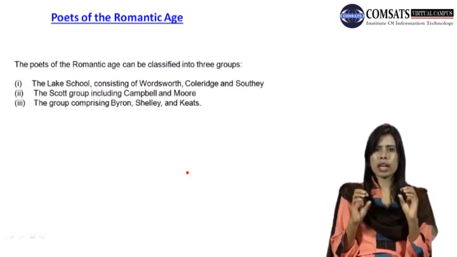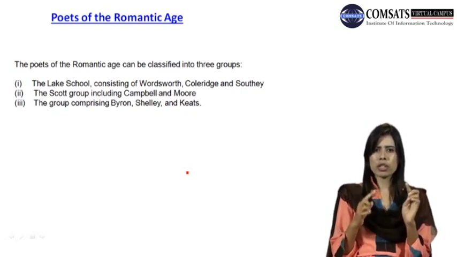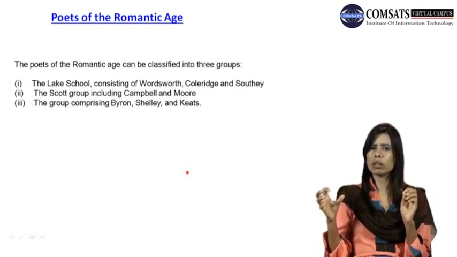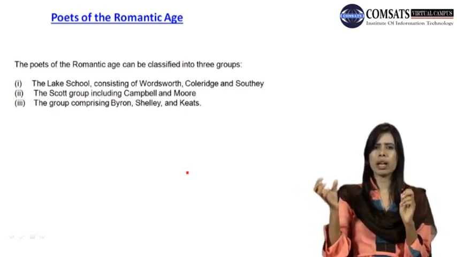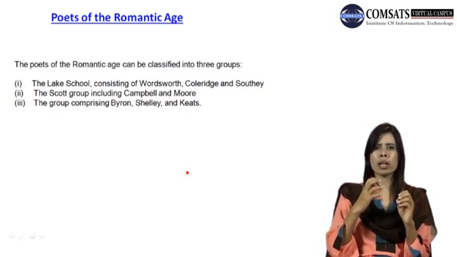So the Romantic Age, let me revise the things for you, that how there was a sudden transition from one age to another. Previously there was a classical movement going on in the history of English literature, and then the Romantic movement took place after the death of Dr. Samuel Johnson, and when Coleridge and Wordsworth published the Lyrical Ballads as well.